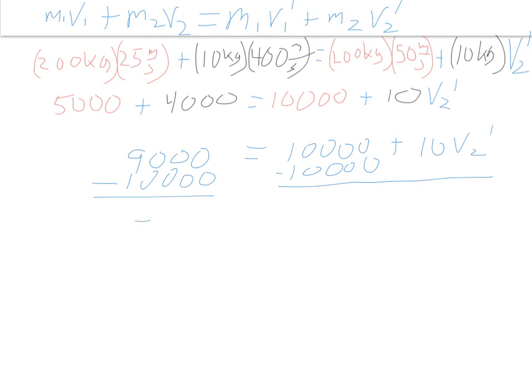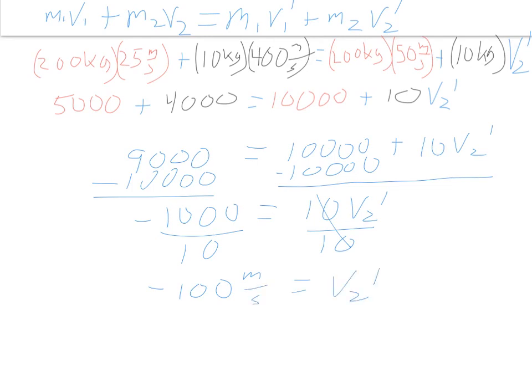I wind up with negative 1,000 is equal to 10 V2 prime. And last step is just divide out that 10. We're left with our final answer, which is the cannonball bounces off at negative 100 meters per second.